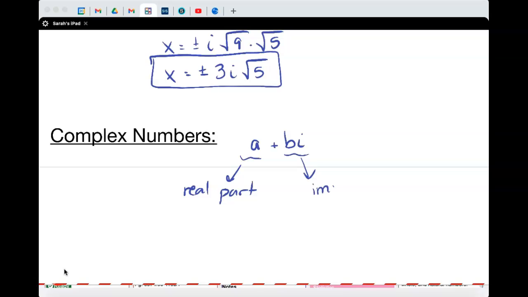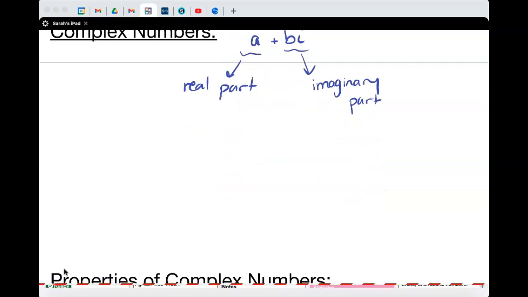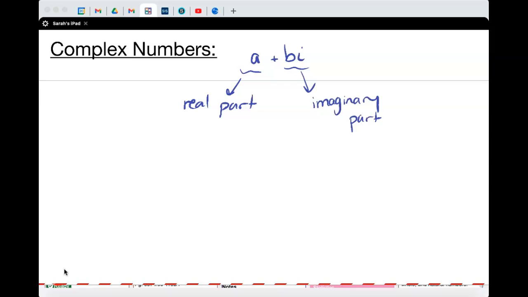The bi is the imaginary part. We always write it in this order, the real part and then plus the imaginary part. This is the standard form of a complex number.